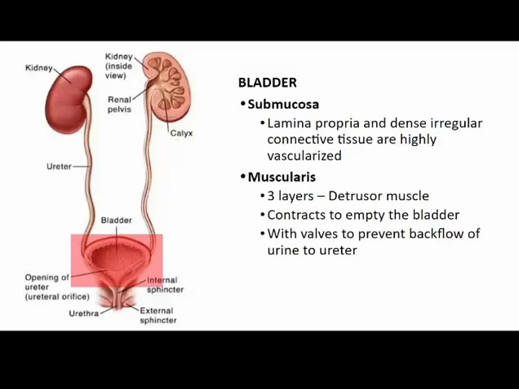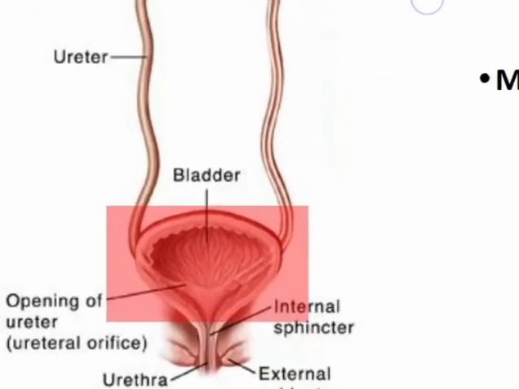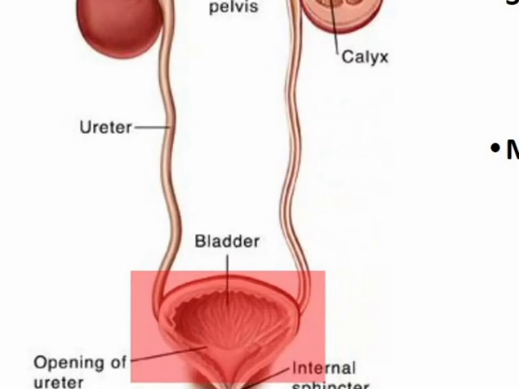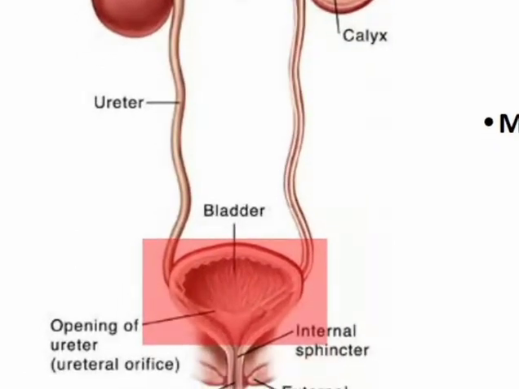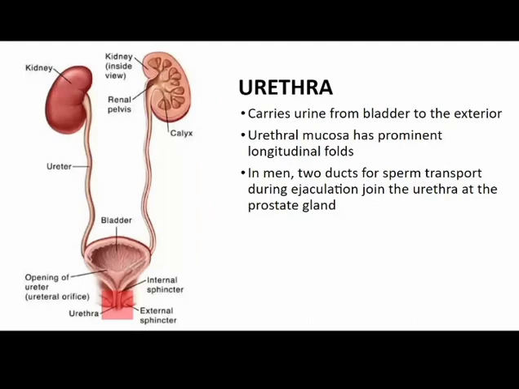It contains the detrusor muscle, which will contract to empty your bladder, and it has valves to prevent the backflow of urine to the ureter. So that is the function of the detrusor muscle found in the muscularis of the bladder.